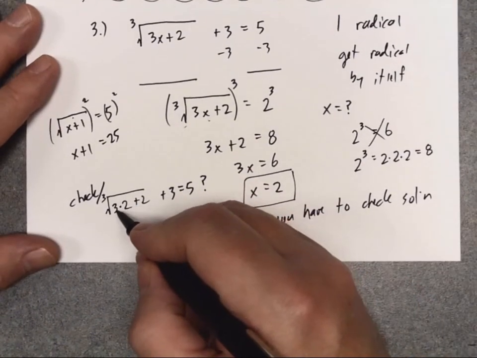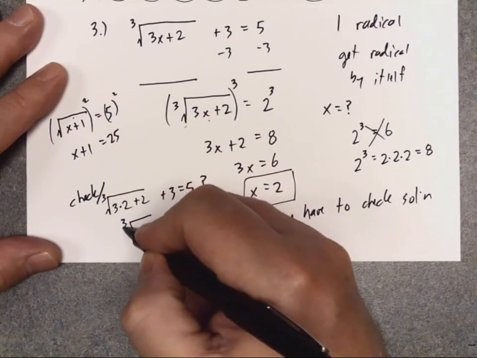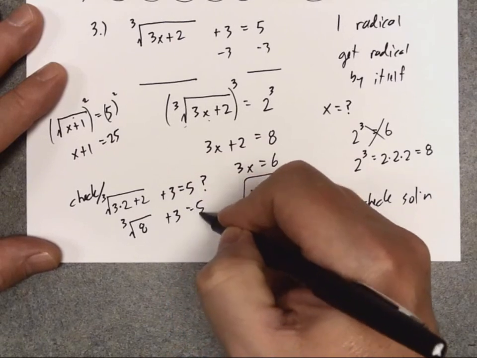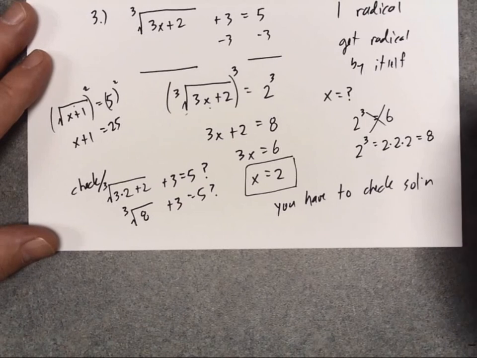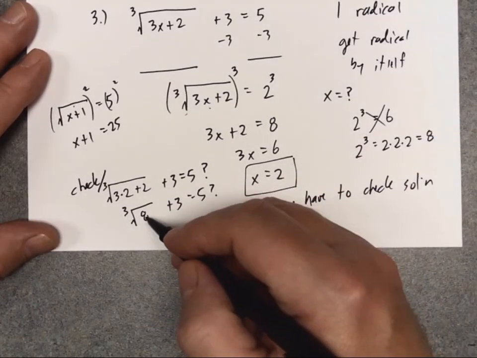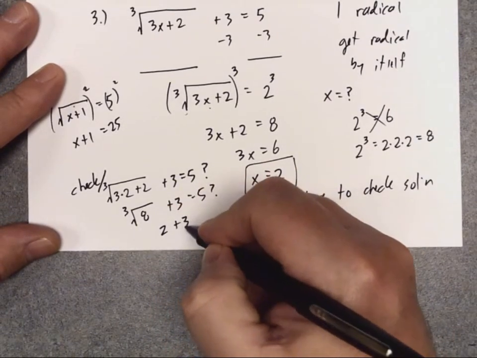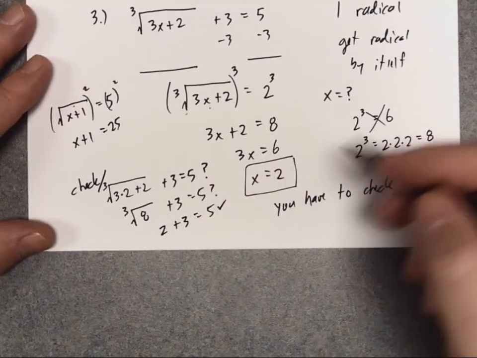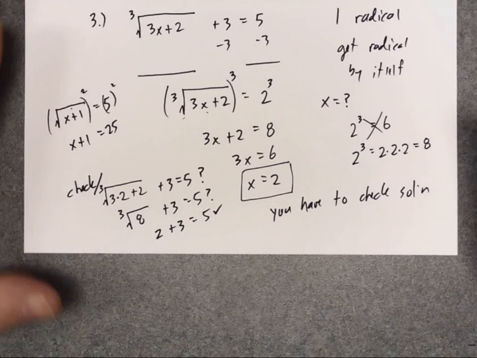Well, 3 times 2 is 6. 6 plus 2 is 8. Cube root of 8 plus 3 equals 5. Is this true? Well, the cube root of 8 means what number can I multiply by itself 3 times to get 8? The cube root of 8 is 2. So at this point, hopefully you can see that, yes, in fact, x equals 2 is the solution.